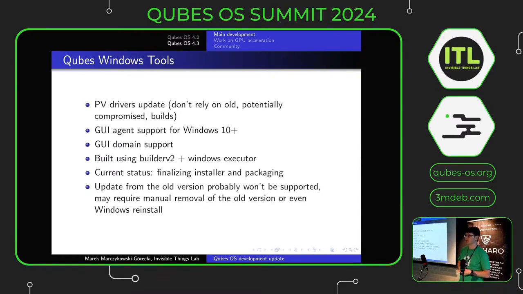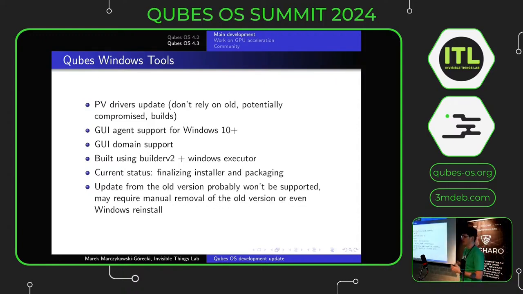Yeah, there are some more updates like GUI domain support, which wasn't the case previously because the old Windows tools used an old API for this GUI protocol, which didn't support GUI domain.